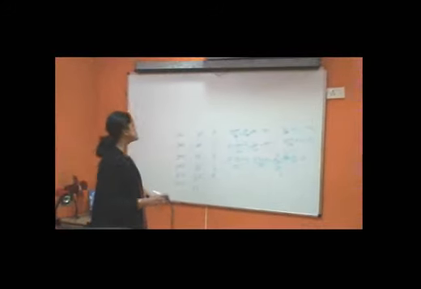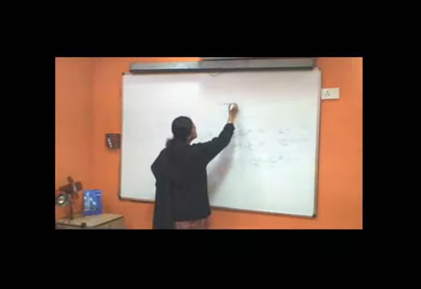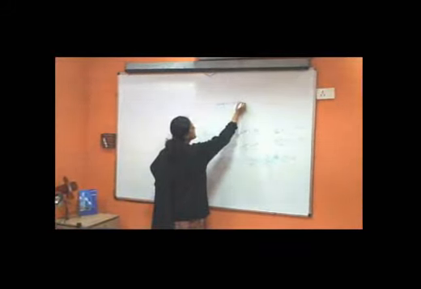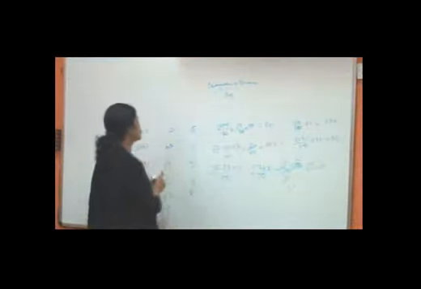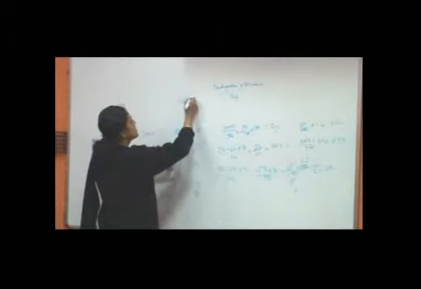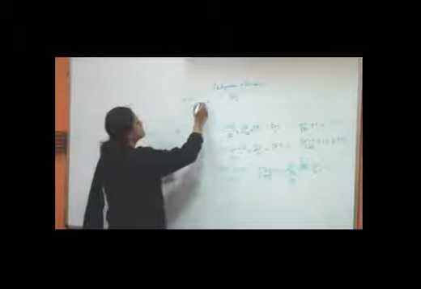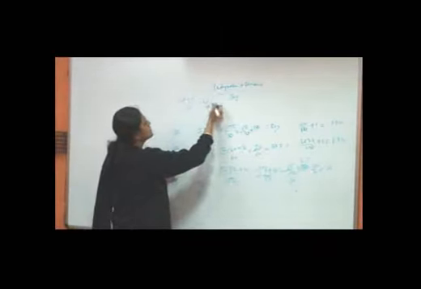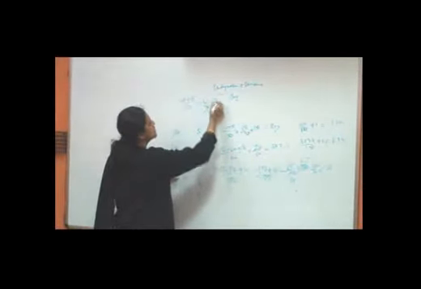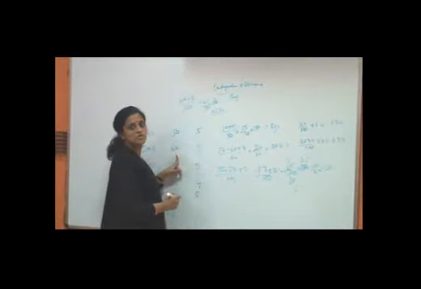Or what I can do is ending value plus whatever dividends that I get divided by beginning value, right? So if I look at the first one, the ending value is 60 plus the dividend is 5 divided by 50. So this is 65 divided by 50, right? So this is 1.30.